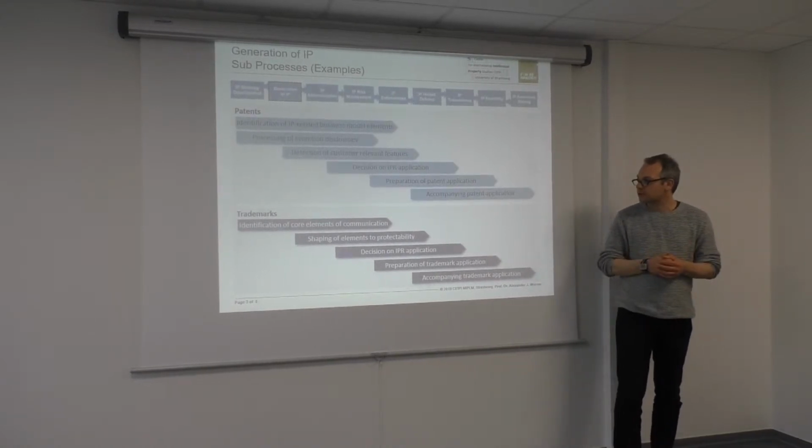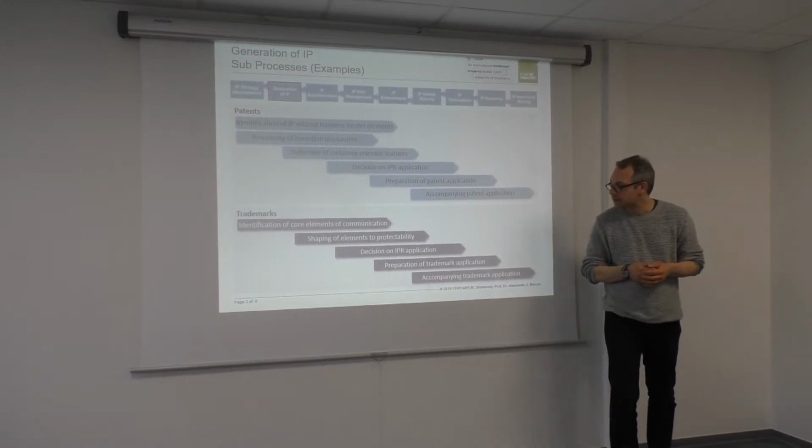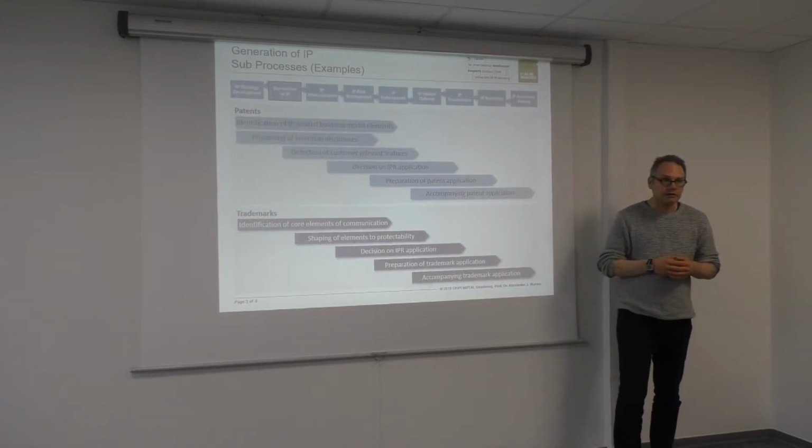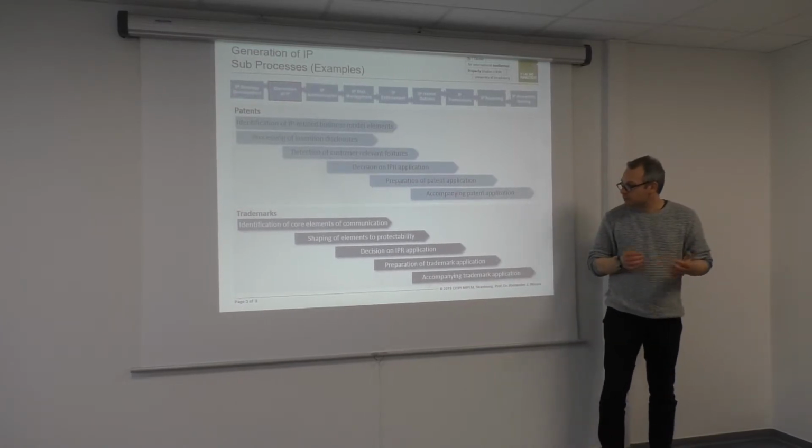So we have to shape the elements a little bit to make them accessible for trademarks. And when we have identified and done the respective processes, then with the next sub-process we have to decide which exclusivity we really want to achieve.